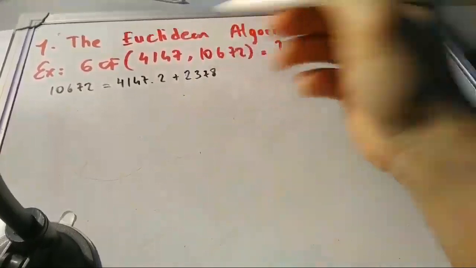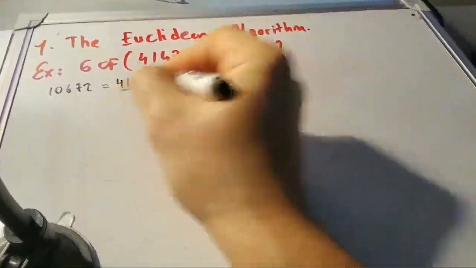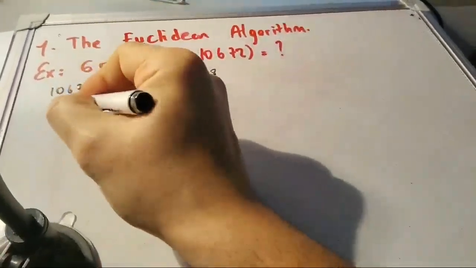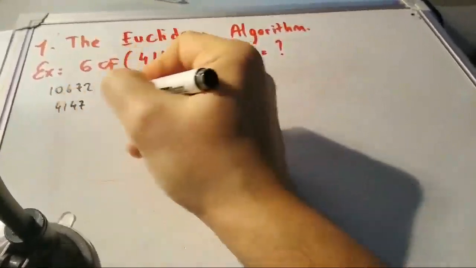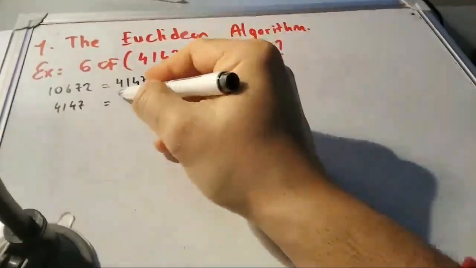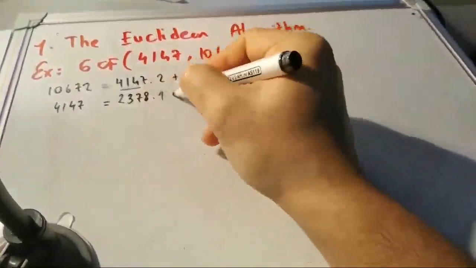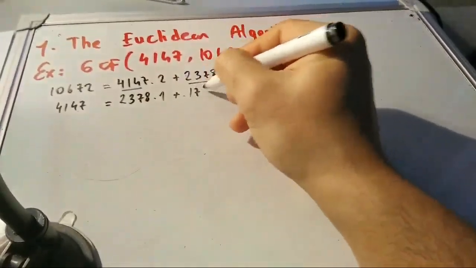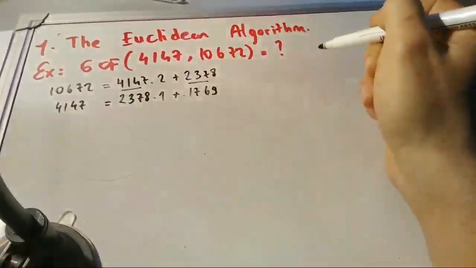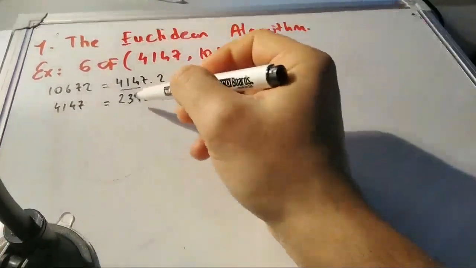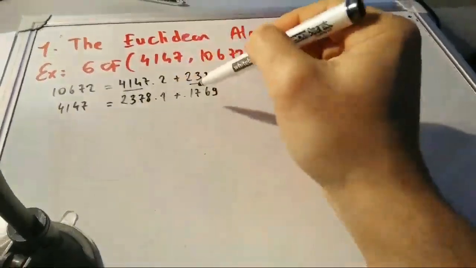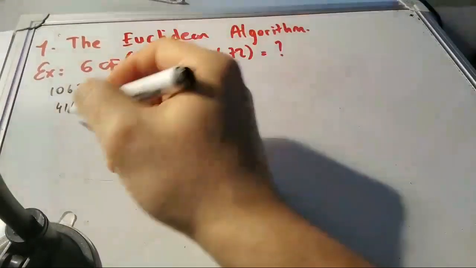We will use the same step. I will take this and this. 4147 is equal to 2378 times 1 plus 1769. And again, we will take 2378 and 1769.